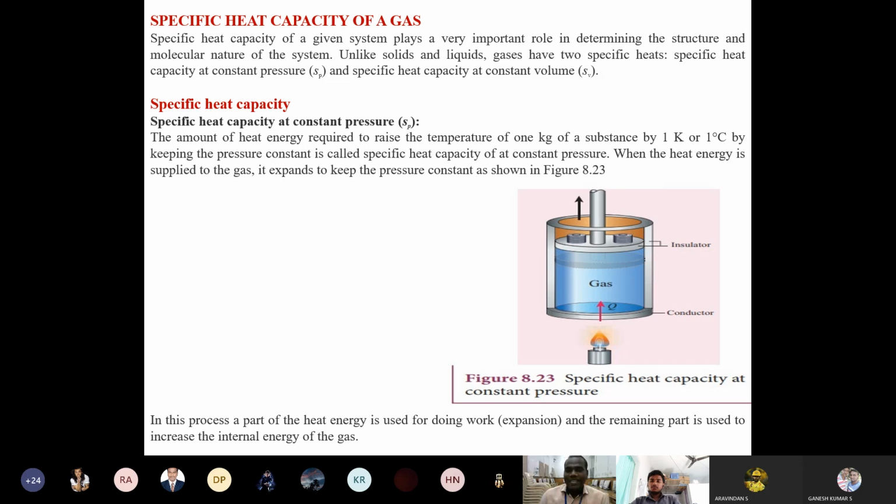The definition will be the same, but just note the changes. The amount of heat energy required to raise the temperature of 1 kg of substance by 1 Kelvin or by 1 degree Celsius by keeping the pressure constant, right? If you increase the temperature by 1 Kelvin for a 1 kg substance with the pressure constant, that process is called the specific heat capacity at constant pressure.